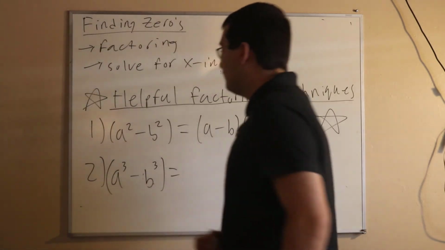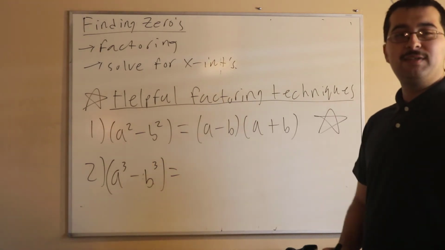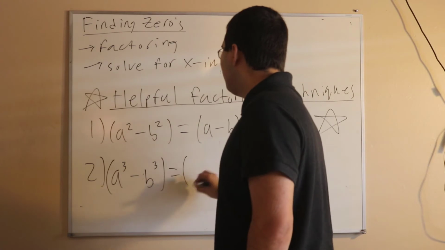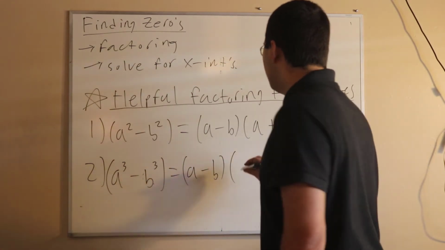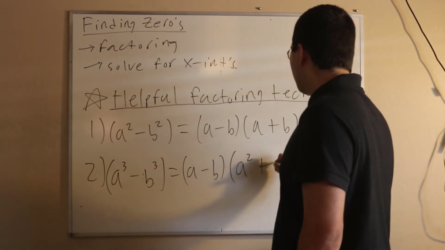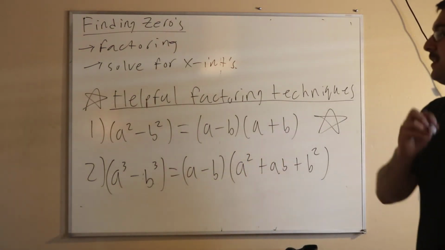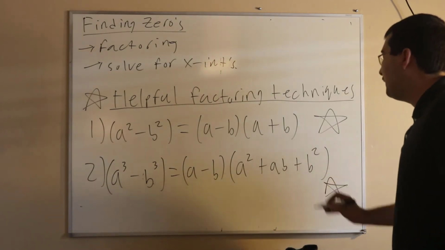I'd be surprised if any of you know this one, but this also can be easily factored, and it factors like this. So a cubed minus b cubed factors into (a minus b) times the quantity (a squared plus ab plus b squared). So that's the second helpful factoring technique I want to go ahead and mention for the time being.